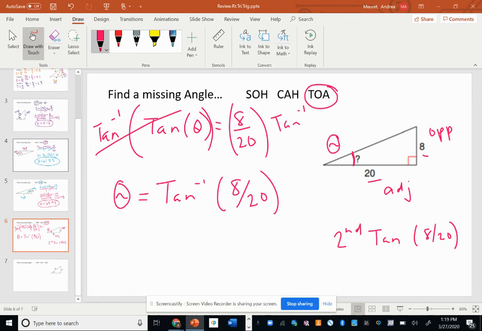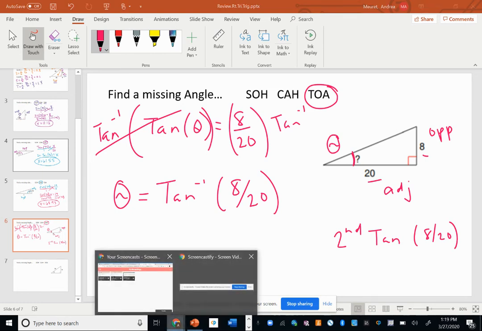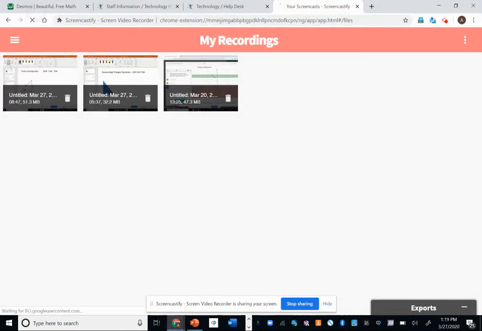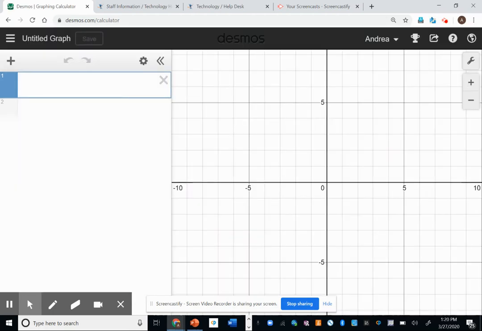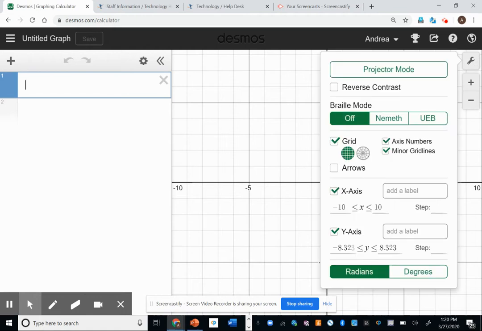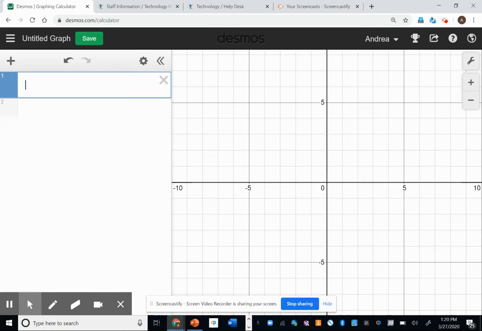Using Desmos, after we get into the program, remember that you need to change the mode to degrees instead of radians, and that's on the tool button.